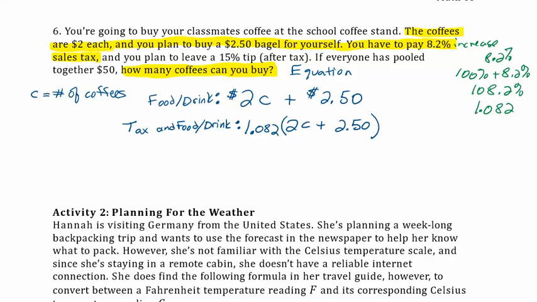We have one more thing left to pay for, which is the tip. And we're going to leave a 15% tip. So a 15% tip is really a 15% increase on the total amount that we're going to pay. So the multiplier is going to be 100% plus 15%.